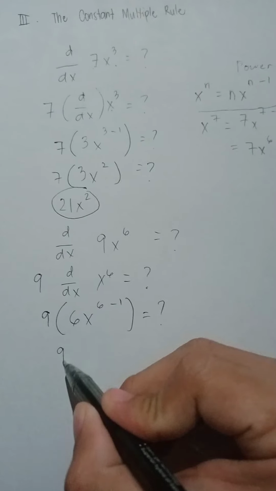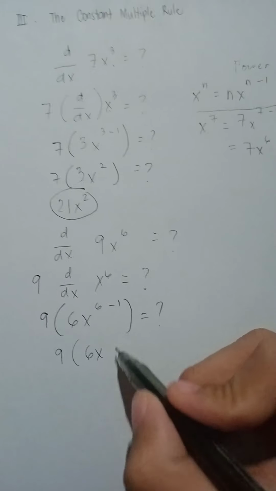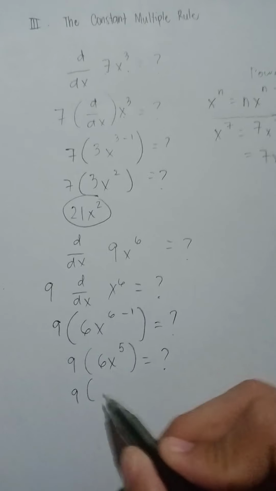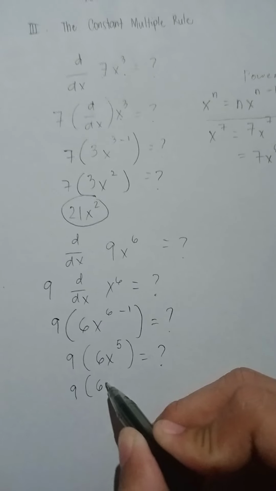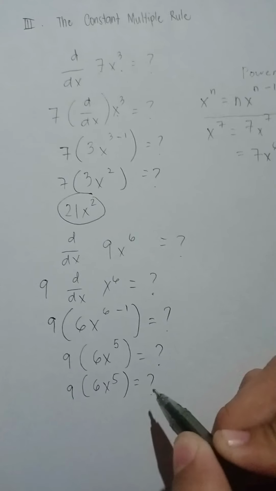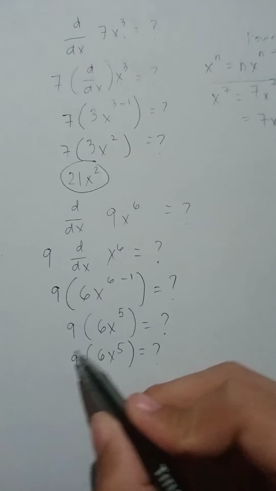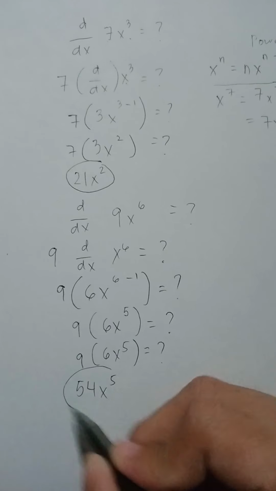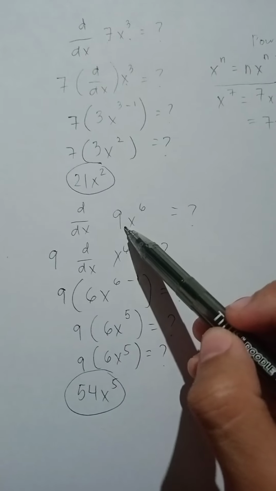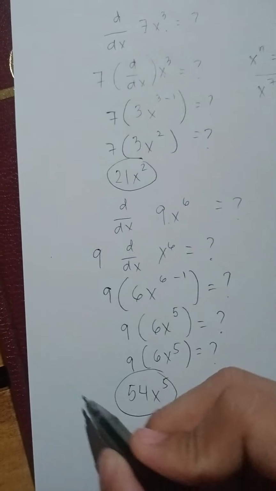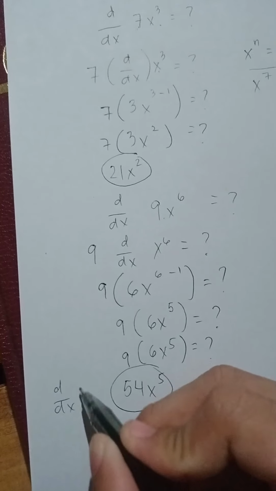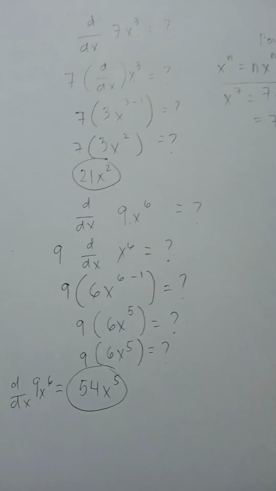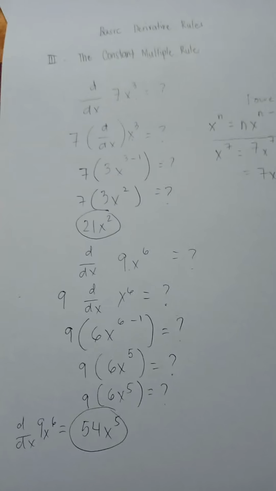So 9 times 6x to the 6 minus 1 is equal to 5 is equal to blank. 9 times 6 is equal to 54x to the power of 5. So this is the derivative of 9x raised to the power of 6. Yeah. So that is the third rule, which is the constant multiple rule.